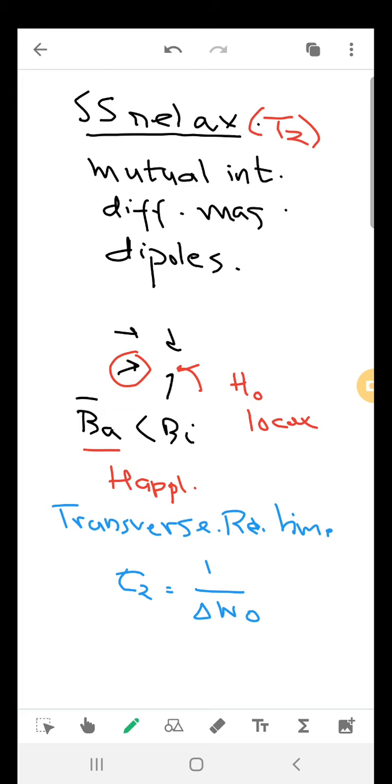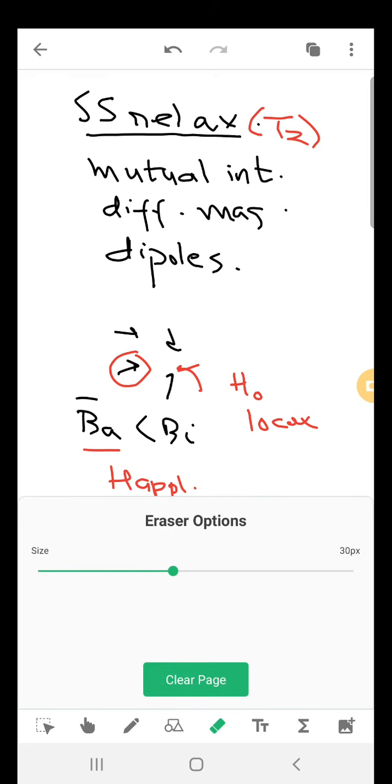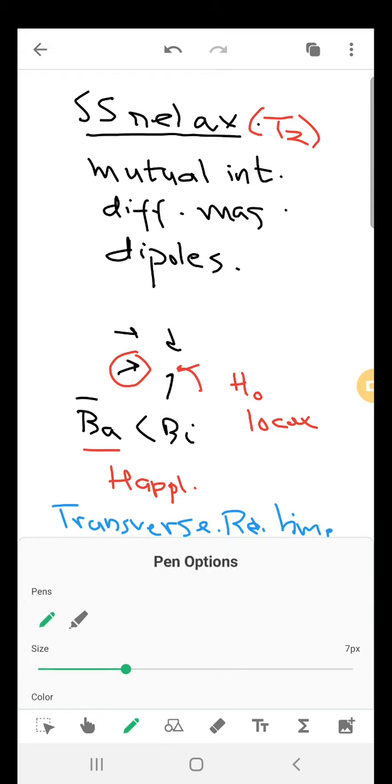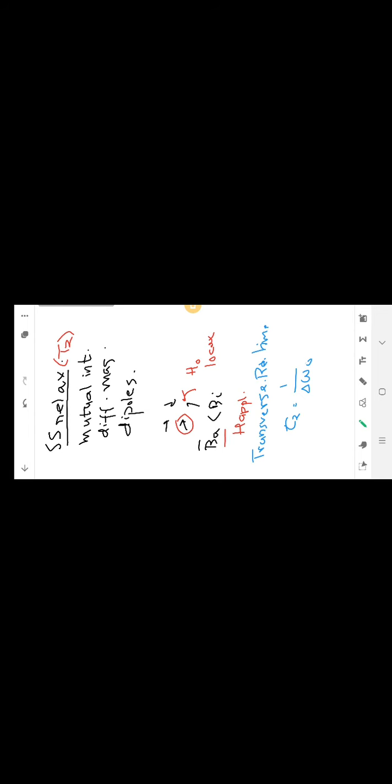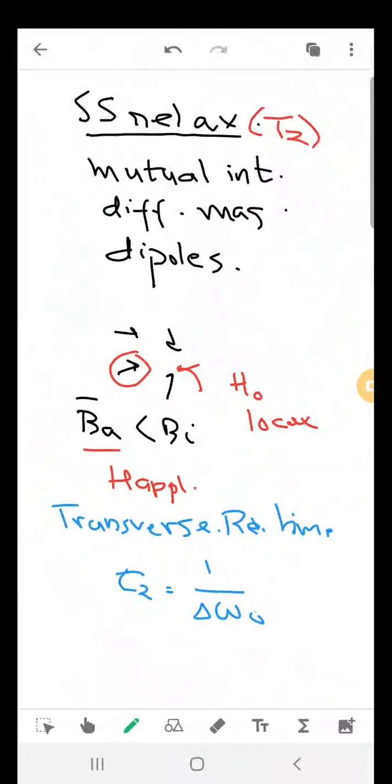So this is omega, the difference in frequency between the two spins, denoted by delta omega 0, and they are initially in phase.